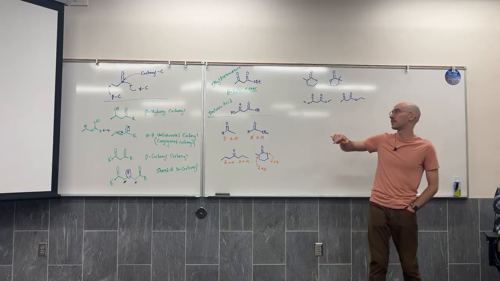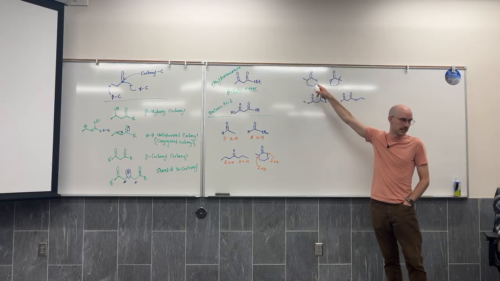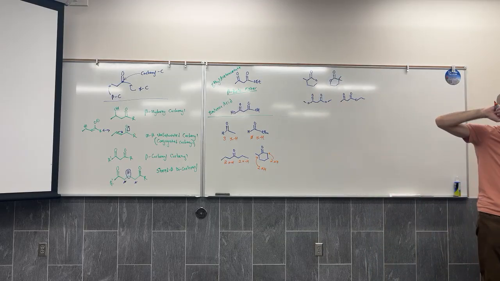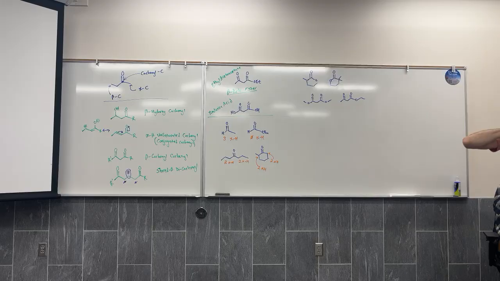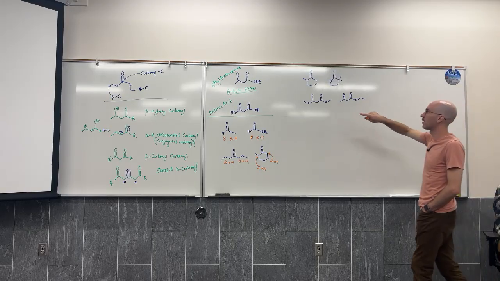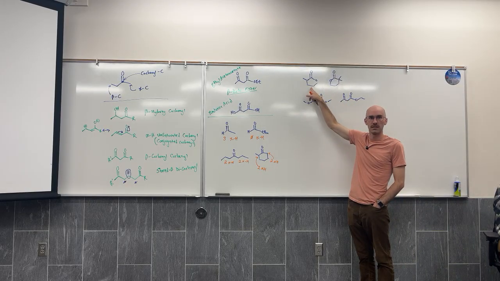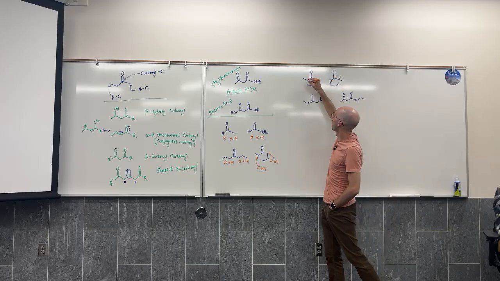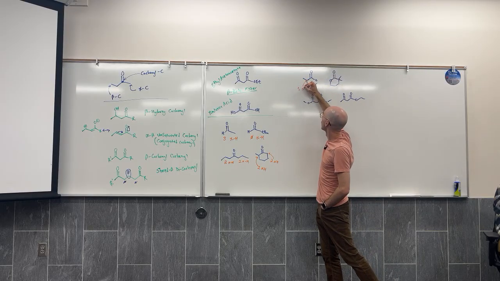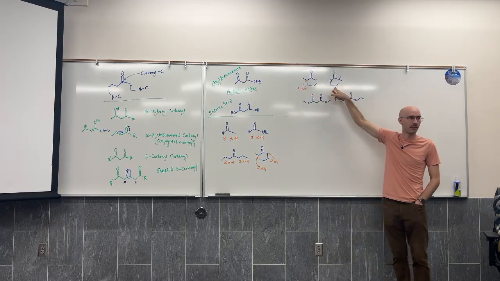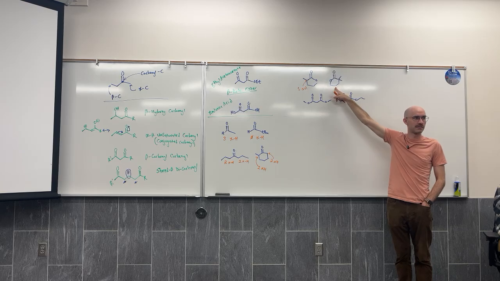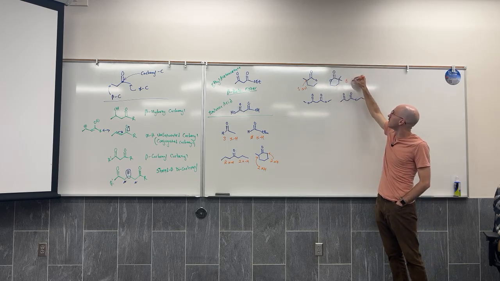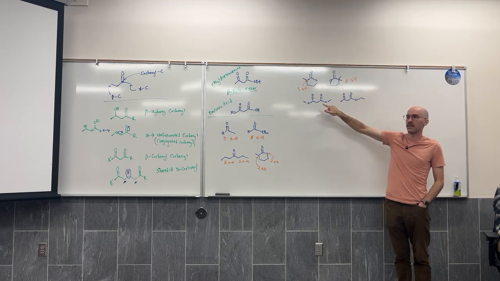How many alpha hydrogens in the first cyclic ester? Jaylee? How many alpha hydrogens? 4. Just 1 alpha hydrogen. And Evan, how many alpha hydrogens on the right? None. And Mimi?